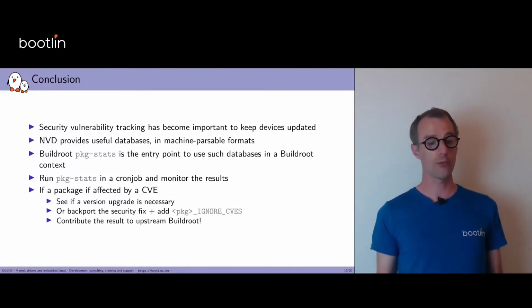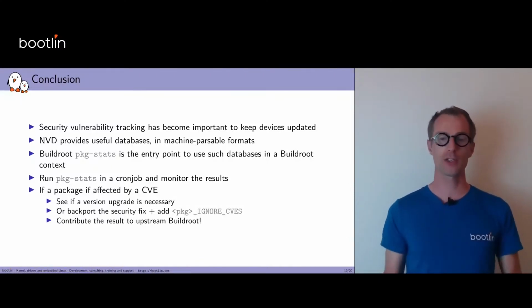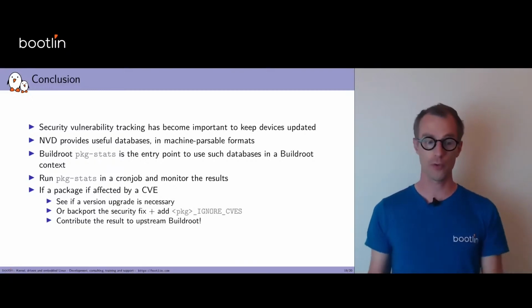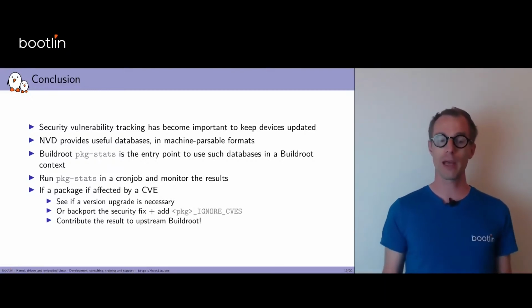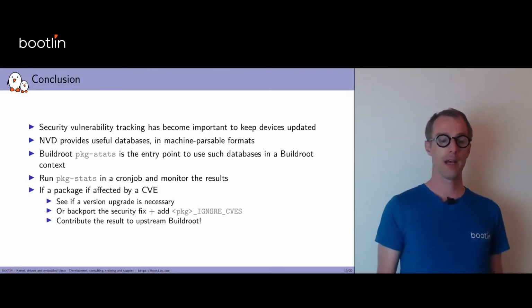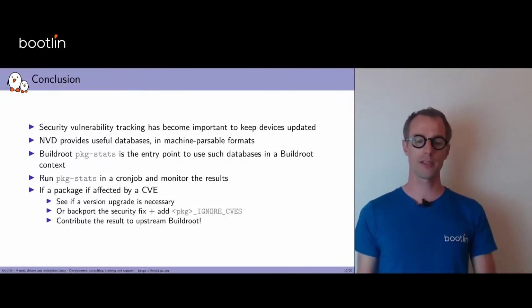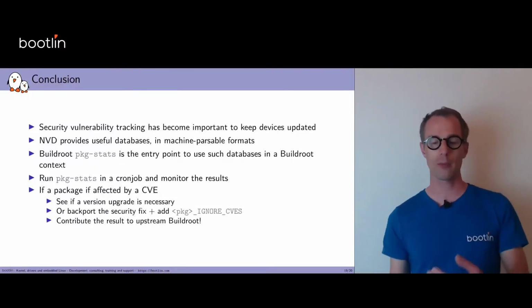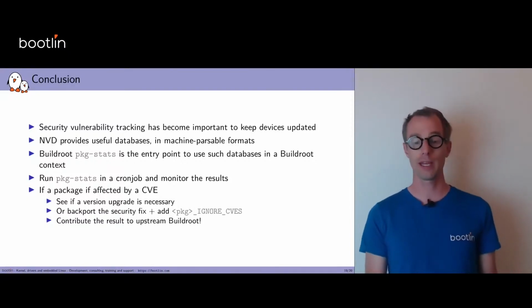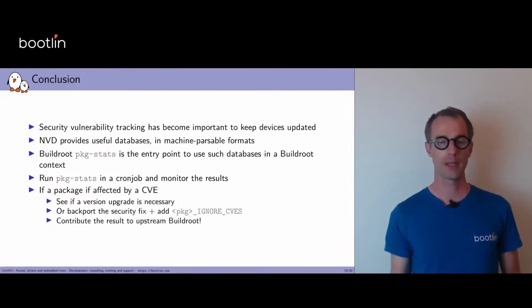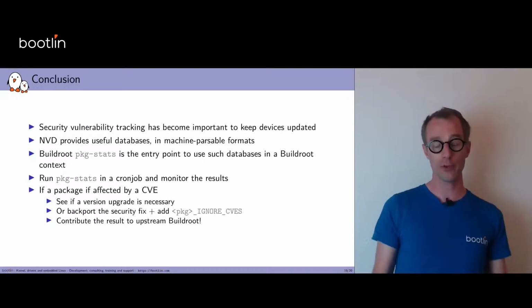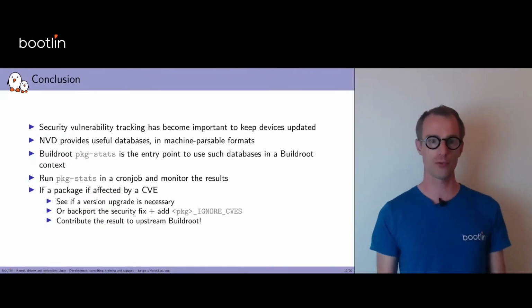So we probably recommend you to run that make pkg-stats in a cron job and monitor the results. And if you discover that a package is affected by a CVE, you can see if a version upgrade is necessary, or maybe you'll need to backport the security fix and update the ignore CVEs variable. And obviously, we would like you to help us by contributing the result to upstream Buildroot.